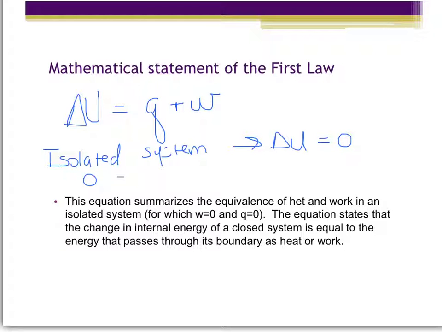Therefore, the heat and work can be exchanged back and forth, but the overall change of internal energy will be 0. And so basically, that's a way of saying the mathematical equivalency of the first law of thermodynamics, which says that the internal energy of an isolated system is constant.